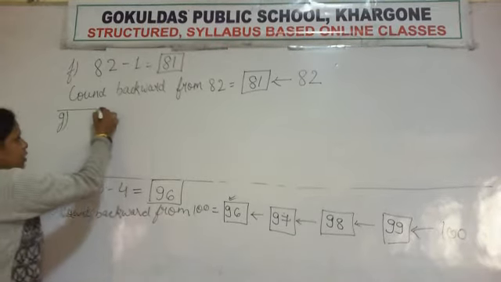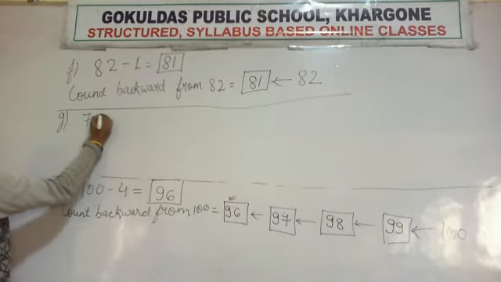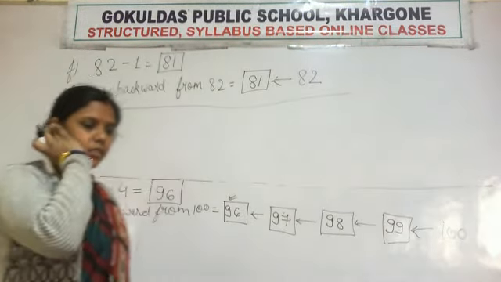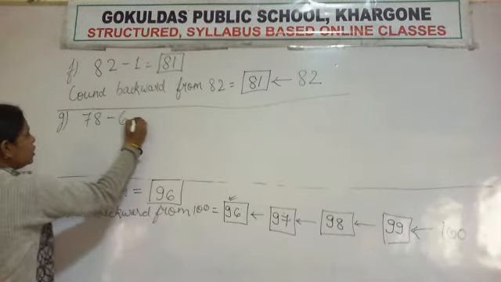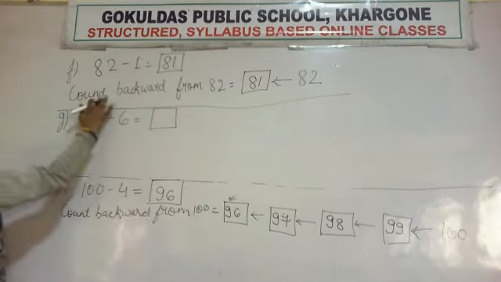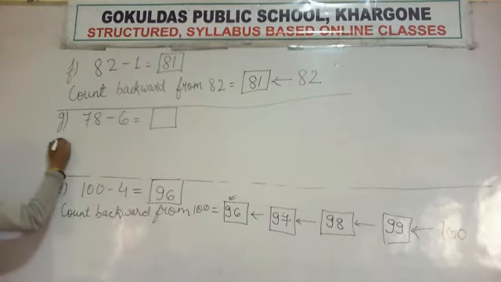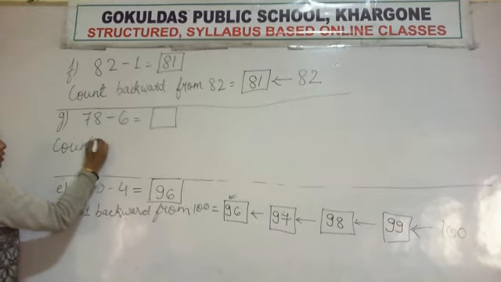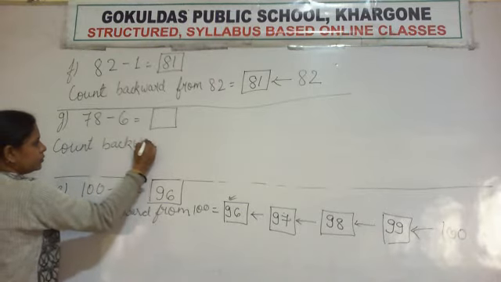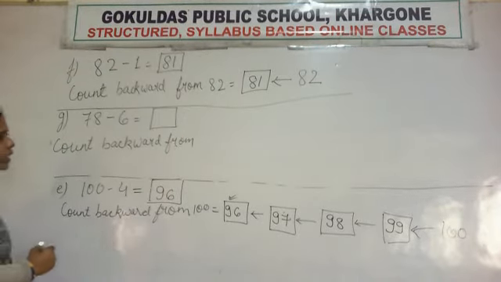Question G. 78 minus 6. This question is not given in your book. This is an extra question, so try to solve it. Count backward from 78.